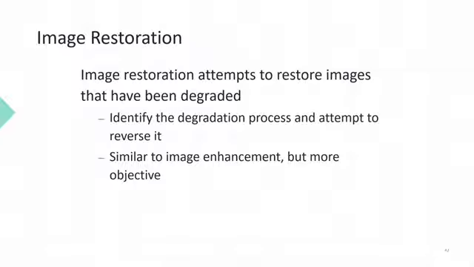Now, it is similar to image enhancement, but more objective. In image enhancement also, we try to enhance the hidden features. But here, along with enhancing the hidden features, we work on each and every important attribute in the image.